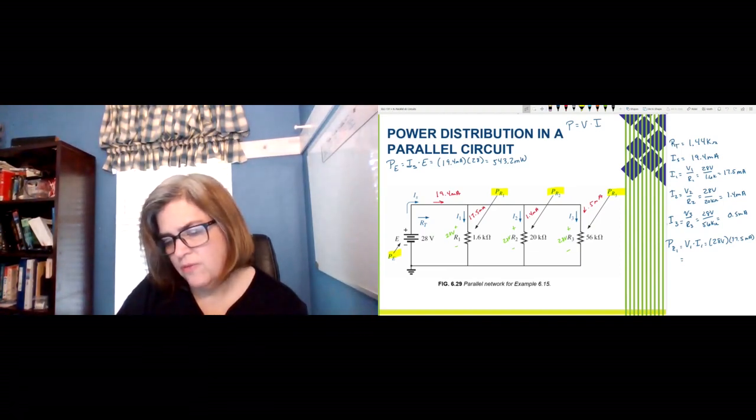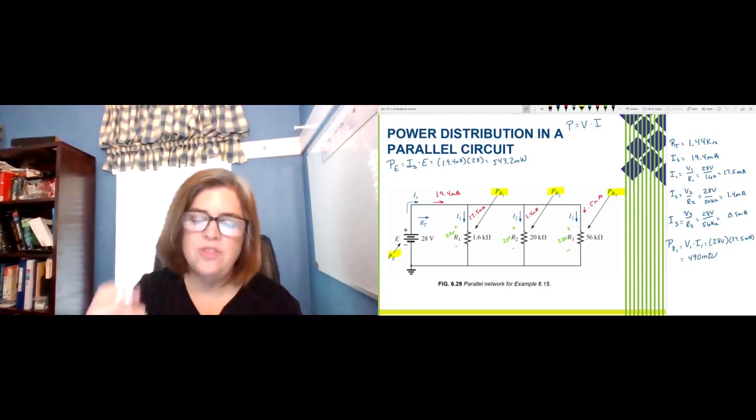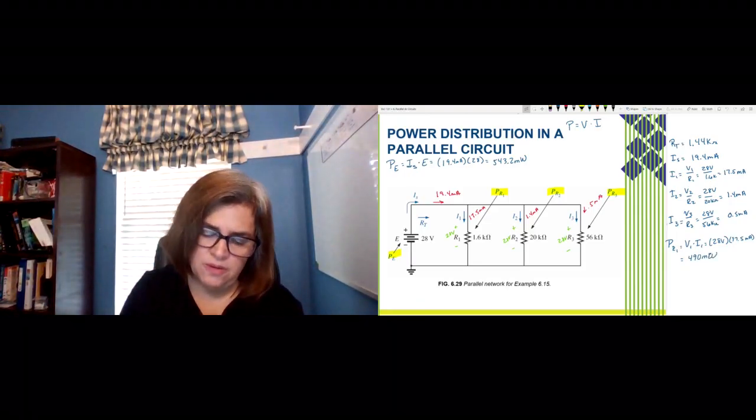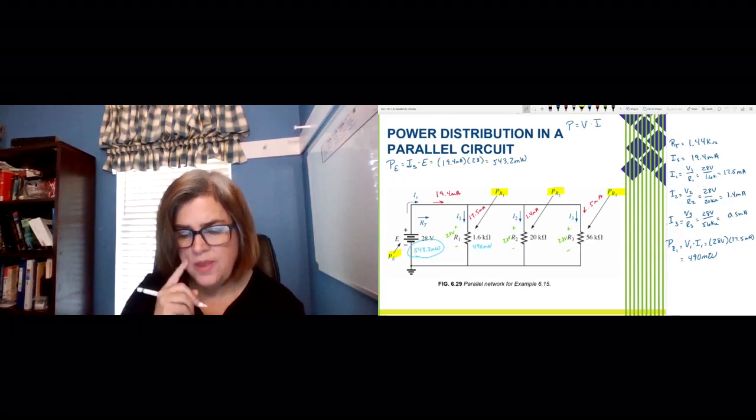So that means we've got 490 milliwatts of power there. And I'm just going to make a note of this. So we're supplying 543.2 milliwatts here. We're absorbing 490 of those milliwatts right here.